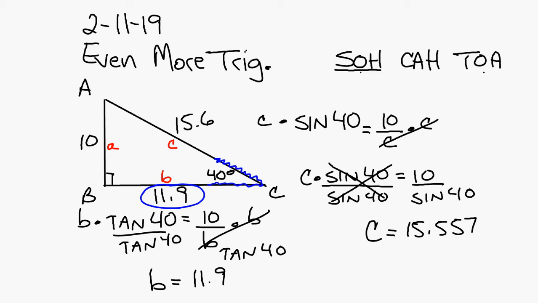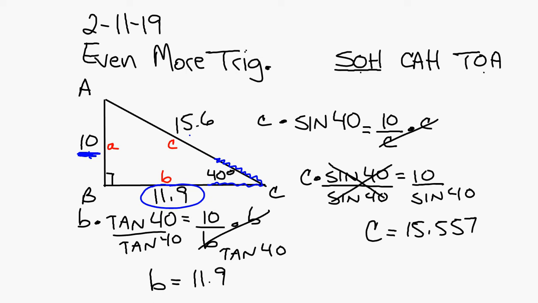You use the 10 to find the 15.6, right? Do you remember how we rounded the 15.6? Don't use the 15.6 to find the third side, because it's not an exact, is it? Use the 10. That was a given. It's a whole number. It's an exact length. Okay?